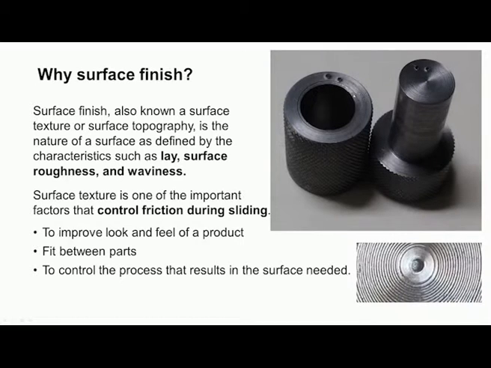Also we can see the finish of this flat surface, and here intentionally they are made very rough to have a proper gripping. And we have another picture of a flat surface which is a face turned component. We can clearly see the rough surface, and we can see the concentric circles made by the cutting tool action.